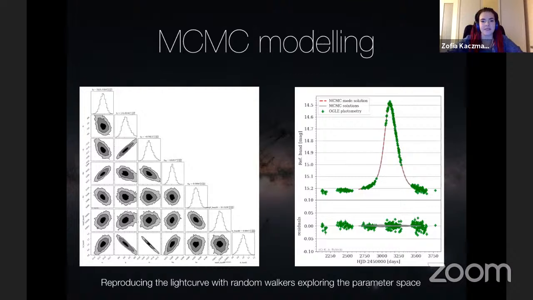So we do MCMC modeling. So we let out random walkers to the parameter space, and we look if we can reproduce the light curve well. So this is what we get, some sort of Gaussian distributions of the values of the parameters.